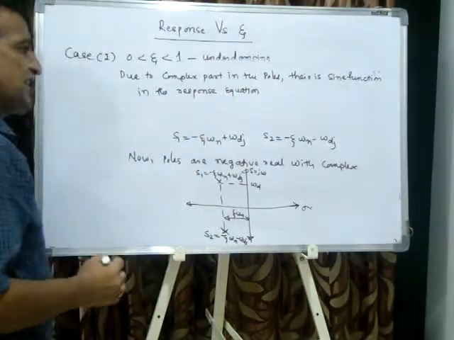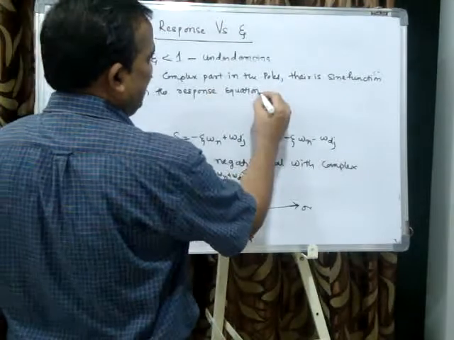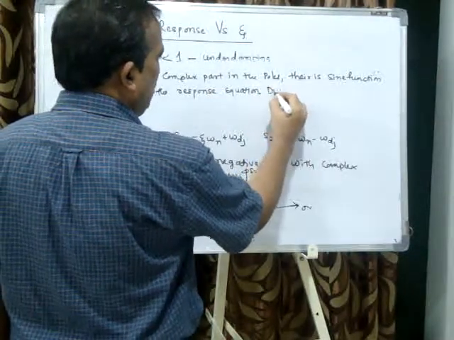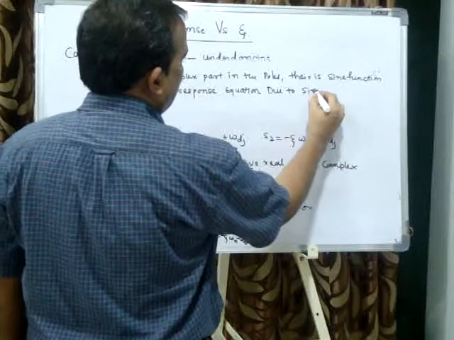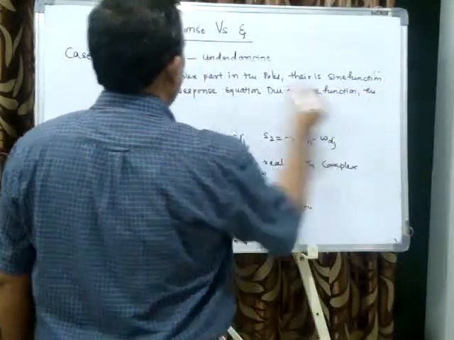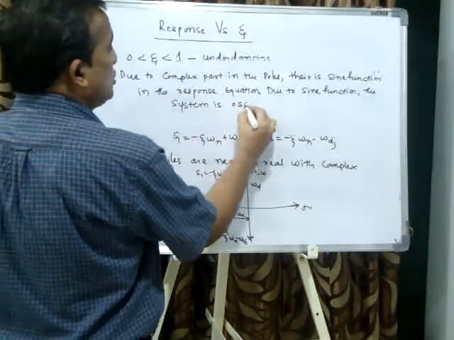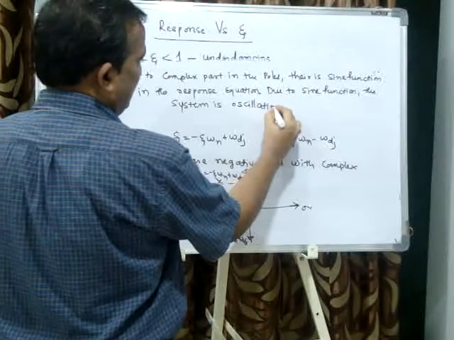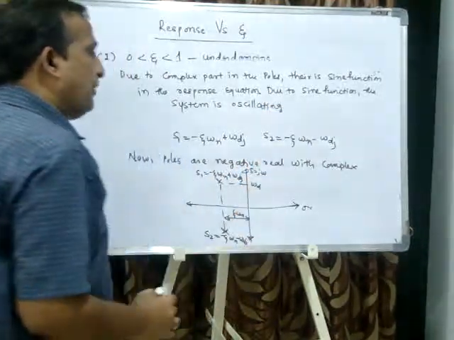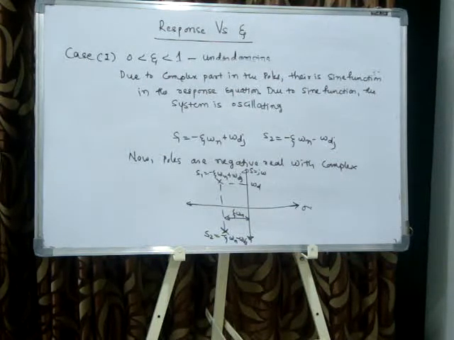Whenever there is a sine function, definitely what happens? The system is oscillating. Due to sine function, the system is what? Oscillating or vibrating. In the case of underdamping, definitely the system is vibrating.